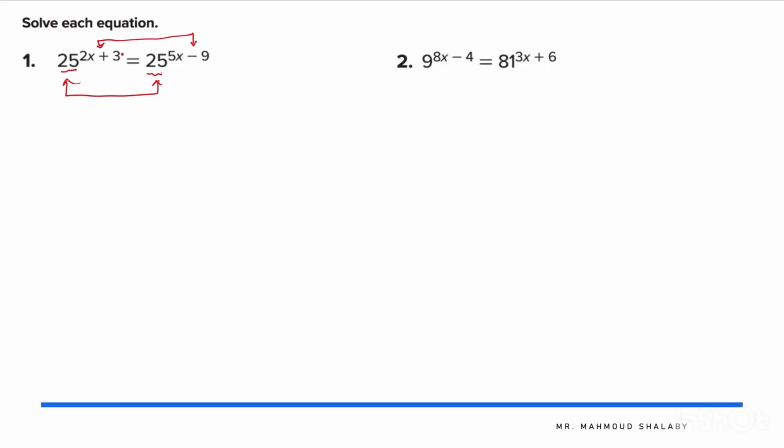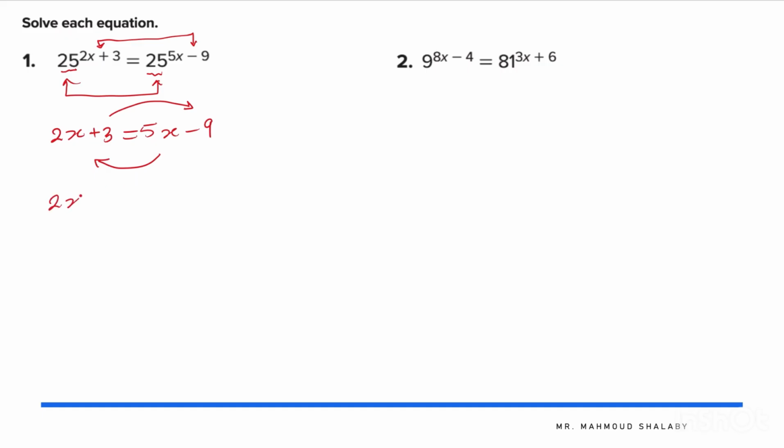So in this case, I will equate the exponents. Here we have the exponent on the left side, 2x plus 3, equals the exponent on the right side, 5x minus 9, and this is an equation that you need to solve to find the value of x. So what I will do, usually I will bring x to the left side, combine all the x together and send the 3 to the other side.